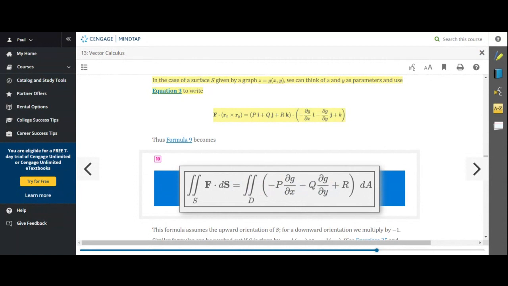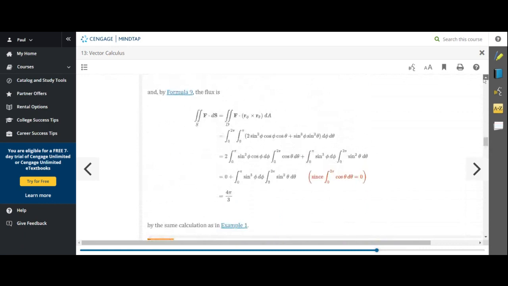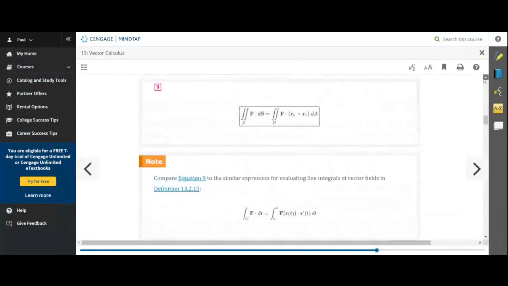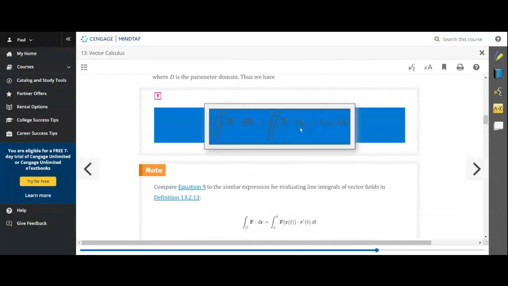Generally, I don't like to use these formulas where z is a function of x and y. Personally, I like to always use the key formula that works all the time. It's this formula.